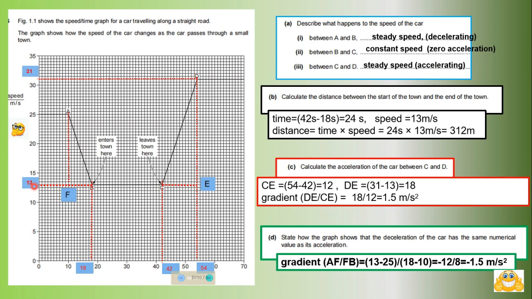So AF is 13 minus 25, and on the time axis we have the coordinates 18 and 10. 18 is the coordinate of B and F represents 10 on the time axis. So FB is 18 minus 10. So we can calculate it, it is minus 1.5 meter per second square.